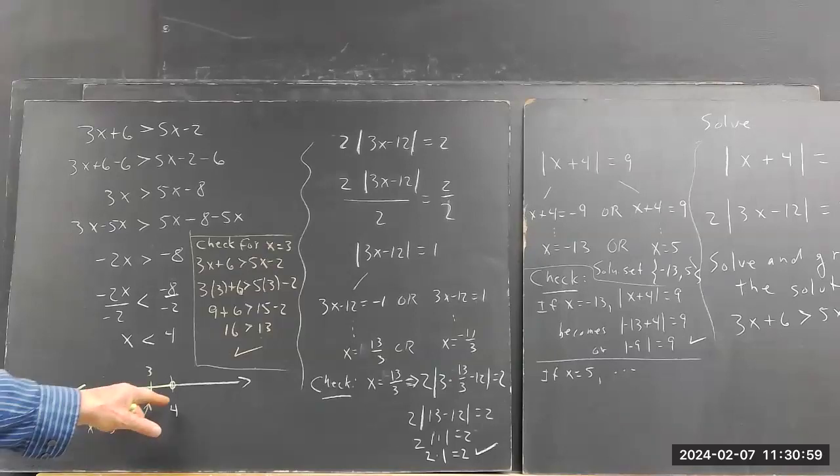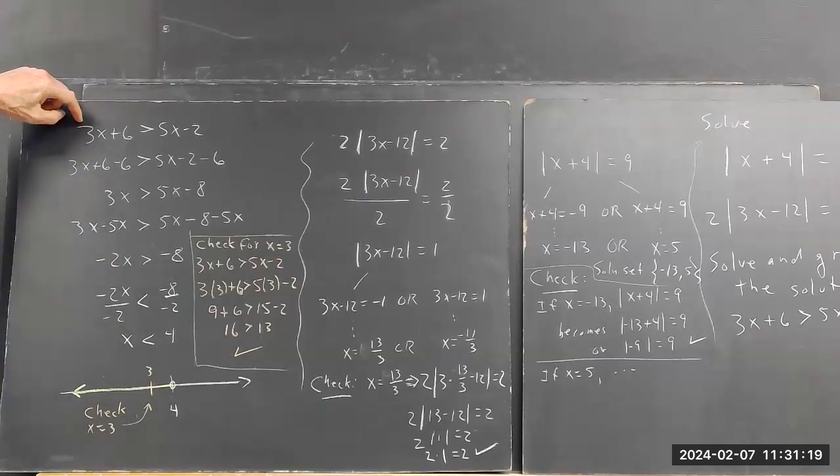Now you could check it for every number less than 4, but there are infinitely many numbers less than 4. So you can't possibly check it. Now to double check, you might let x equal like -1,000,000. If x is -1,000,000, then this side is pretty close to -3,000,000.